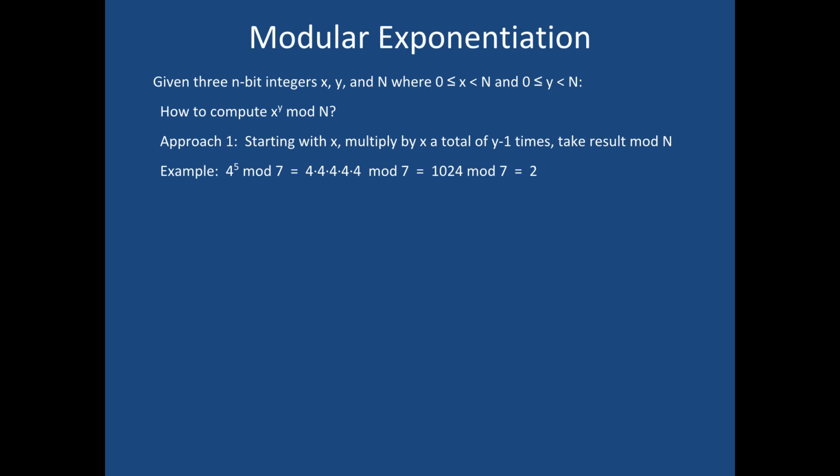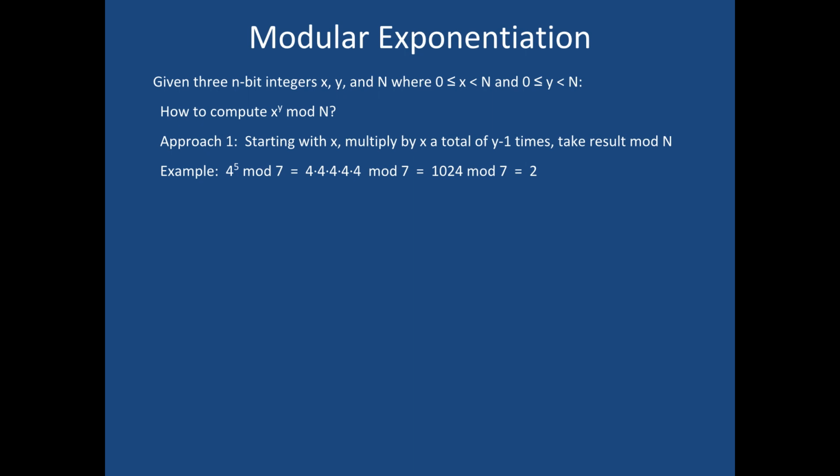So what do you think of that technique? It's going to take a while, especially if x and y and n have a lot of bits. Now in public key encryption, n might have 2048 bits. So x and y could be numbers with 2048 bits, which is about 800 digits.